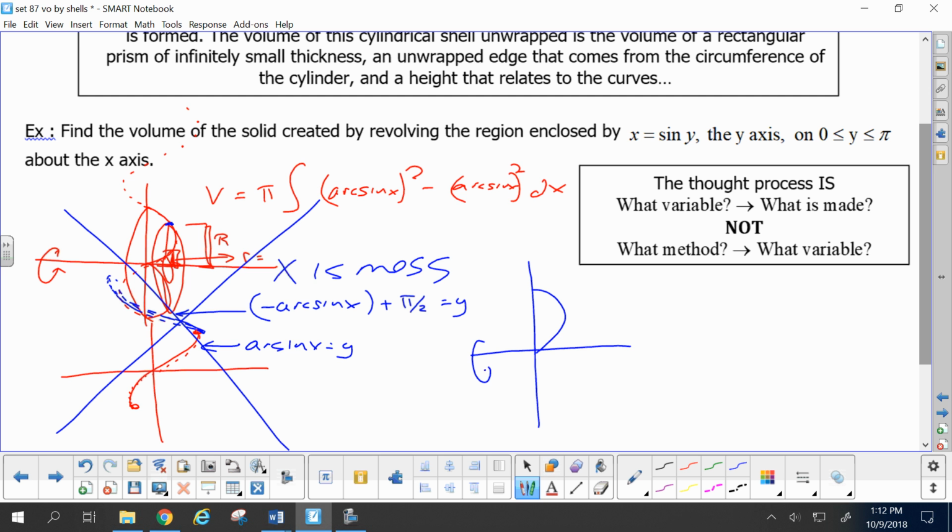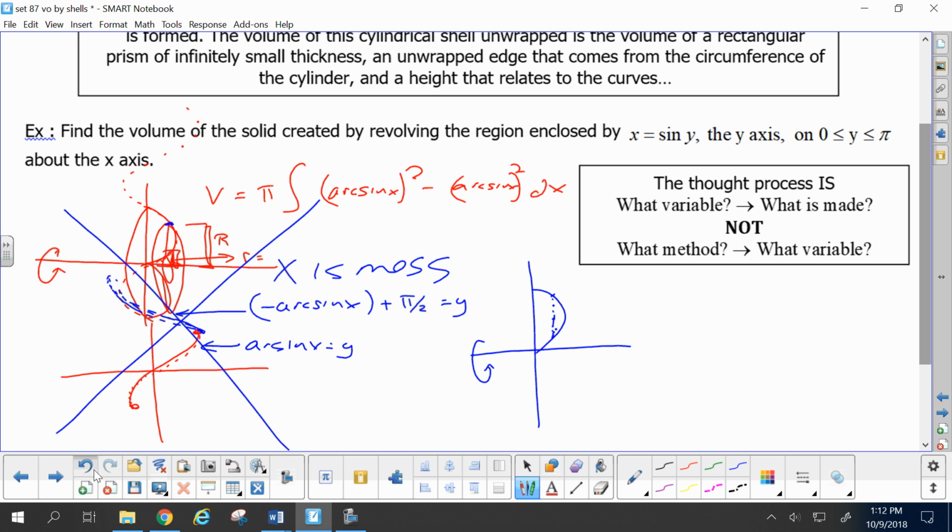Now, if I use y, let's start with the slice. What does a y slice look like? Is it vertical, which would make sense since it's y, or is it horizontal? It's a gotcha question. Everybody wants to say, well, if it's y, it has to go that way, right? Is that dy thick?